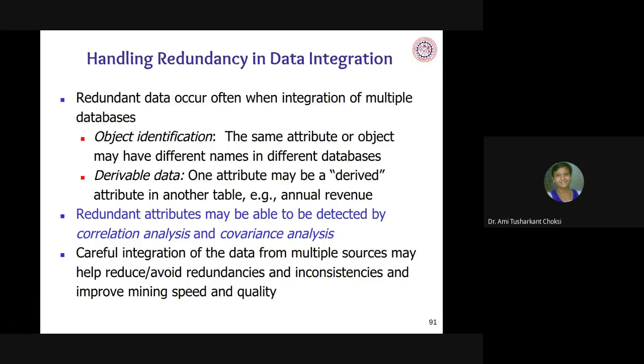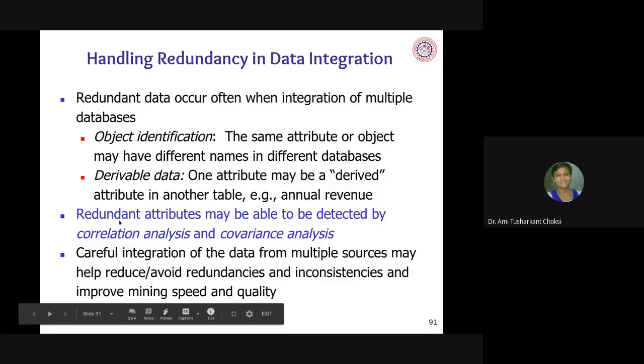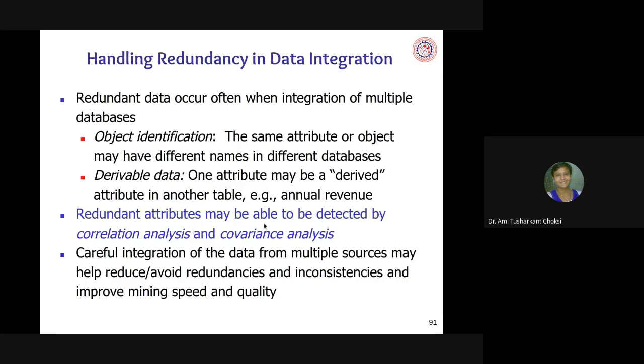When we are doing data integration, redundant attributes can be there. Redundant attributes may be detected by correlation analysis and covariance analysis. So we want to know correlation analysis.